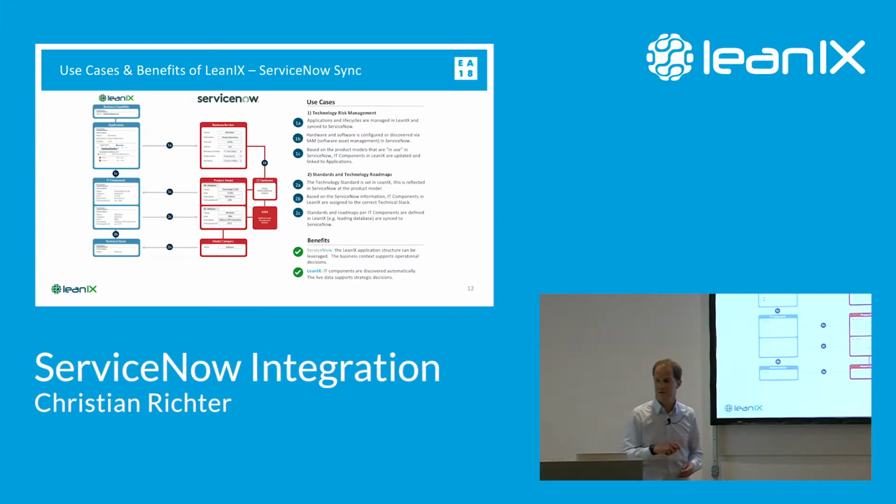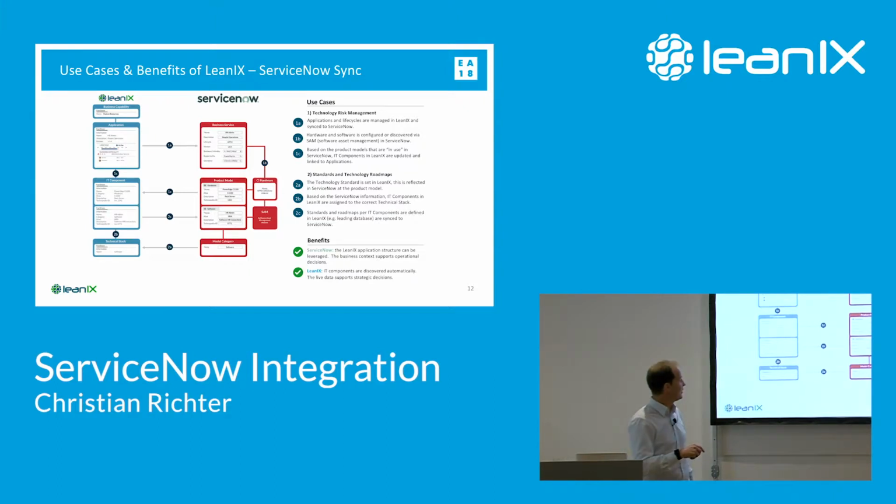Nevertheless, in discussions with our customers, we figure out that there might be deviations to that model where you say, hey, I want to manage tech stacks in LeanIX. I don't want to manage tech stacks in ServiceNow, because this is just for my CIs and just for my product model, so you can do it the other way around as well. And then make that information available here.